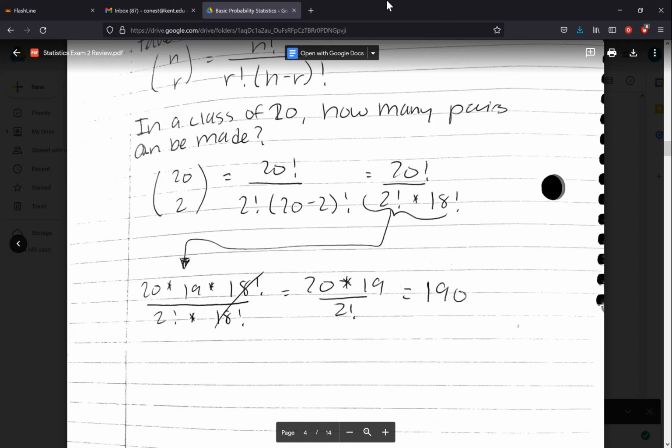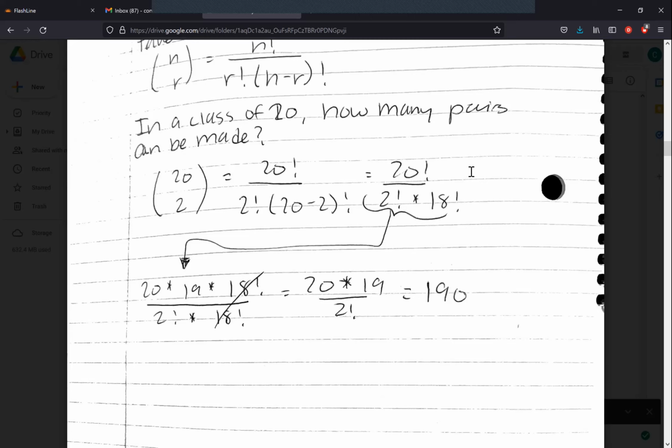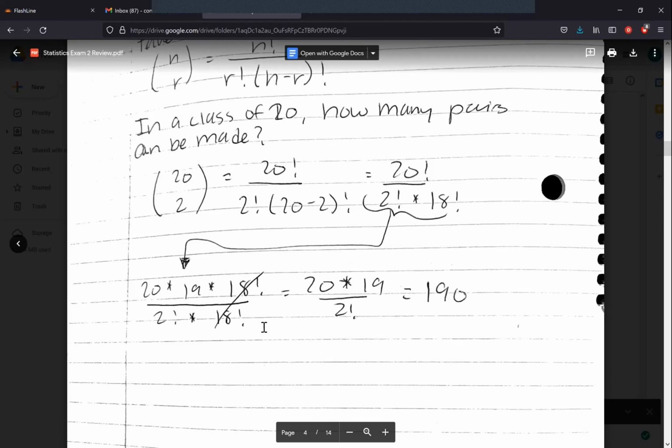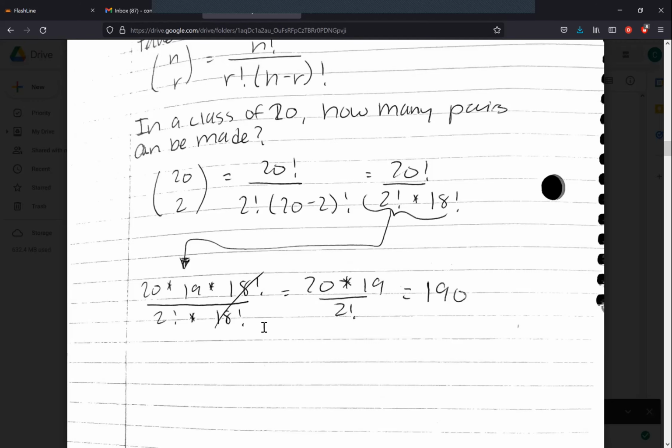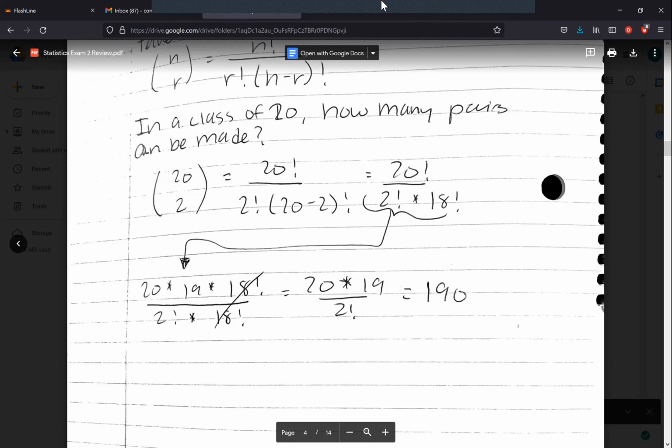An easy way to calculate this is writing the 20 factorial on the top out until you get 20 times 19 times 18 factorial. Then you can have the 18 factorials cancel. So then you just have 20 times 19 over 2 factorial, which equals 190. So 190 pairs in a class of 20 can be made.